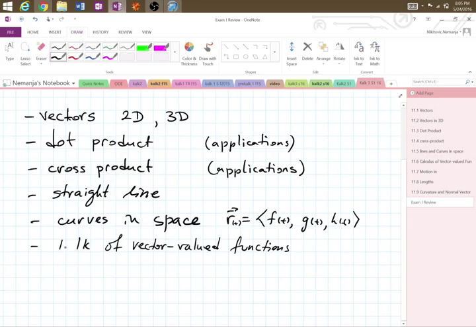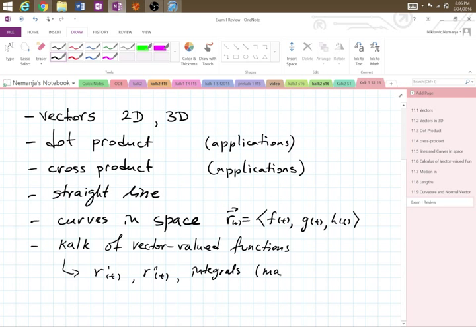And that has the derivative for r, so you will get the r prime and then the r double prime to get the acceleration. Also integration going backwards, and pay attention to getting the tangent line. So we have r prime of t, we have r double prime of t, those are velocity and acceleration, and then we have the integrals.